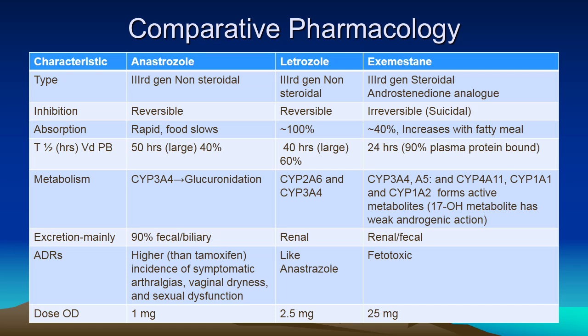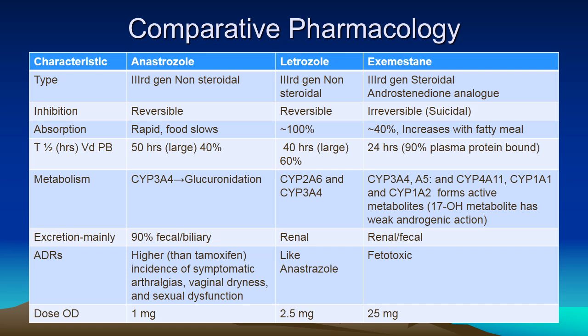Letrozole is metabolized by two enzymes, 2A6 and 3A4, and multiple enzymes metabolize exemestane almost completely into some active, some inactive forms. One of the active ones is the 17-hydroxy metabolite of exemestane that has weak androgenic activity. Excretion is mainly fecal, about 90%, for anastrozole, mainly renal for letrozole, and renal and fecal for exemestane.